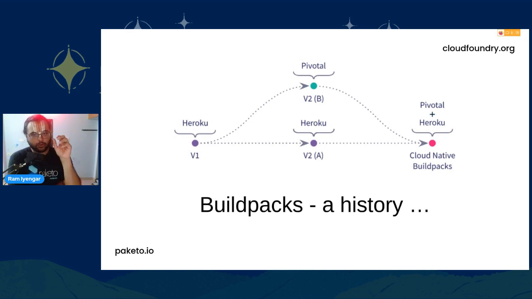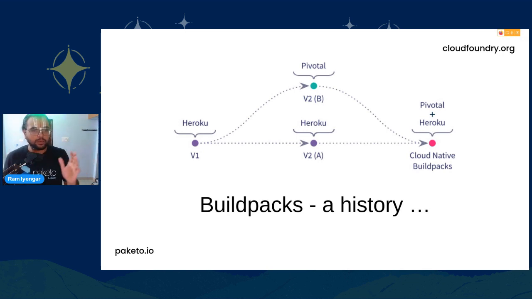So the goal of a buildpack was to detect the language in which the source code that is supplied to it is written, assign the right kind of buildpacks, or the tools that will build it, and then create an immutable artifact out of the source that can then be deployed to any infrastructure of choice.